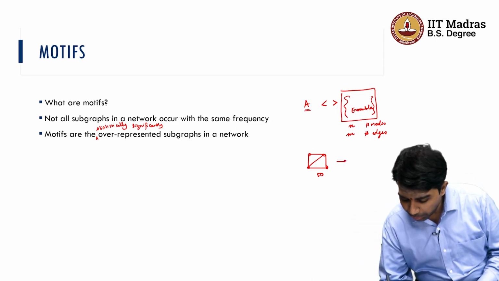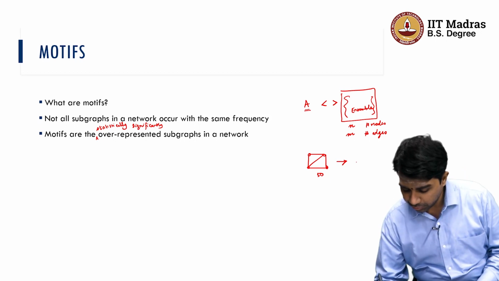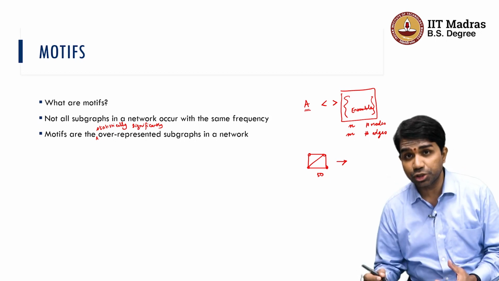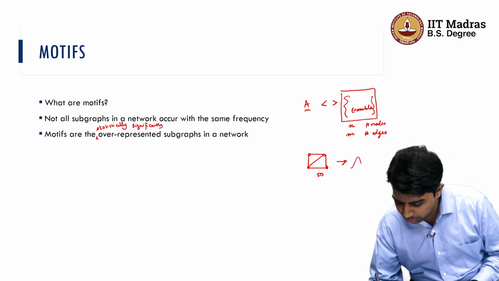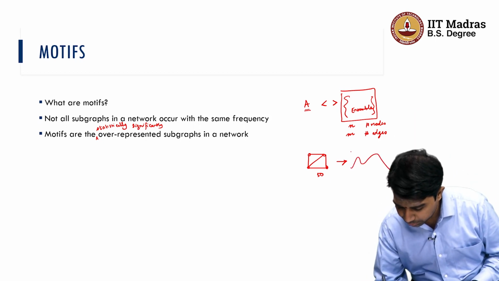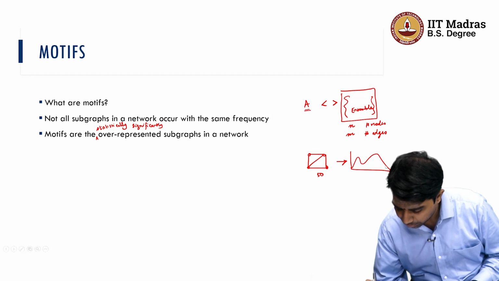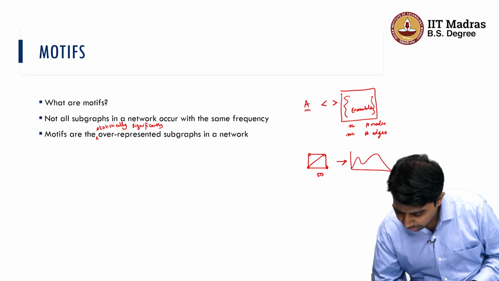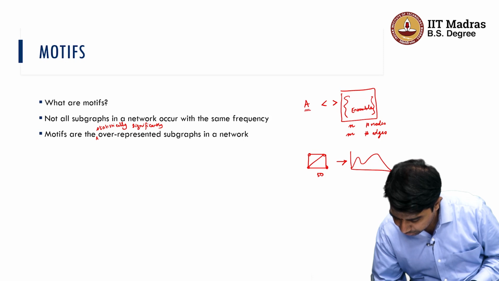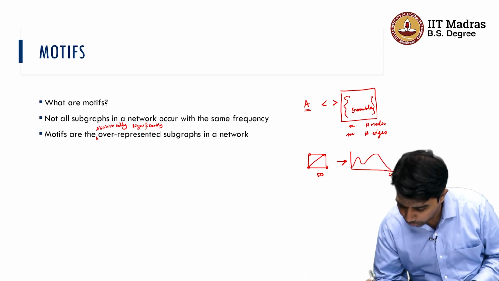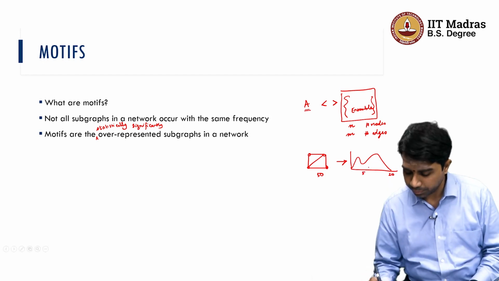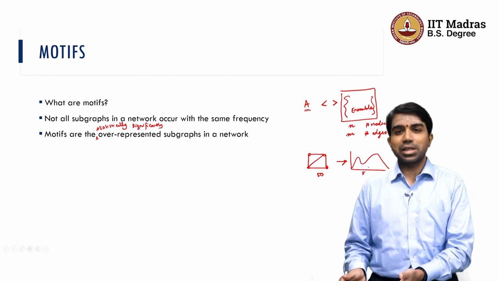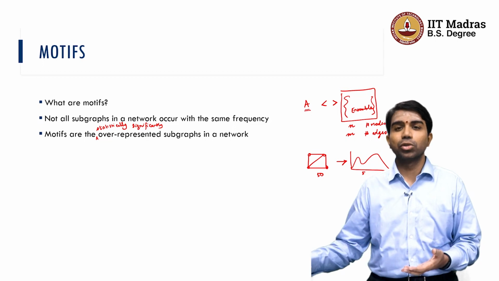Now, you compare this with the ensemble, and in the ensemble you plot a distribution of how often this motif occurs. Let us say the distribution looks like this, and let us say this number is 20 and this number is say 5 or something, and 50 is not even in my picture. So, 50 is so far out.